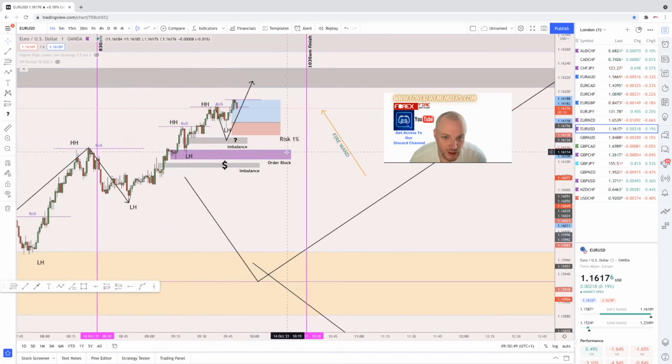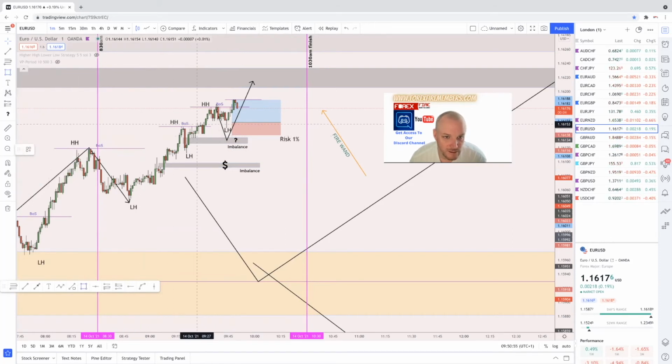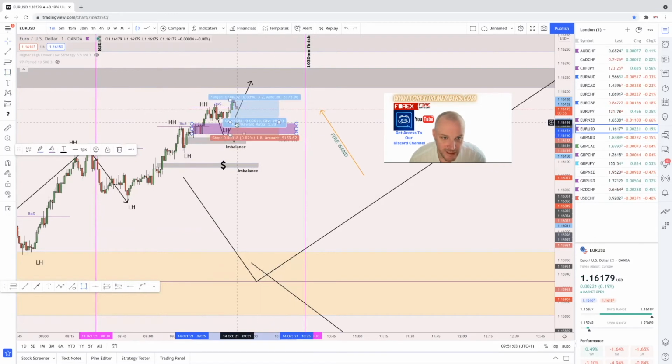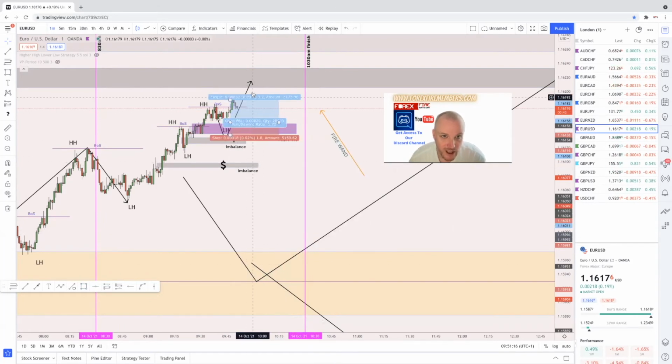Our order block, let's get rid of that. Our order block now is technically that there, but again, just above the order block, just below the order block, just for protection. Visually, and like I say, I urge everybody to visually do these.